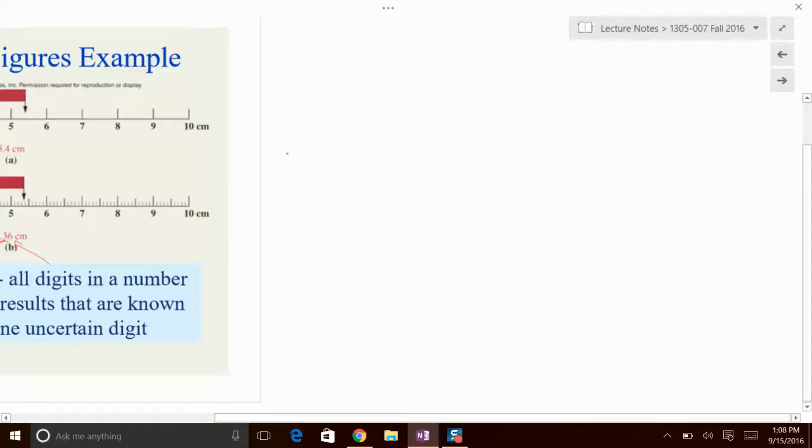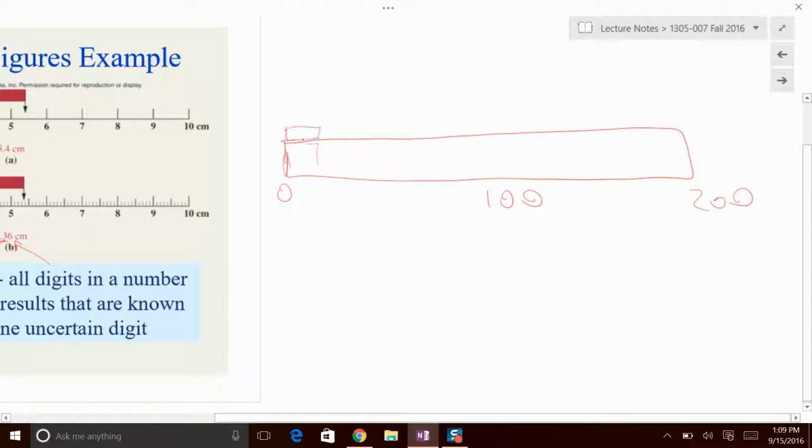It represents something with increments like 0. Nope, that's even too much. Let's do it like this. Now I can guess 10.